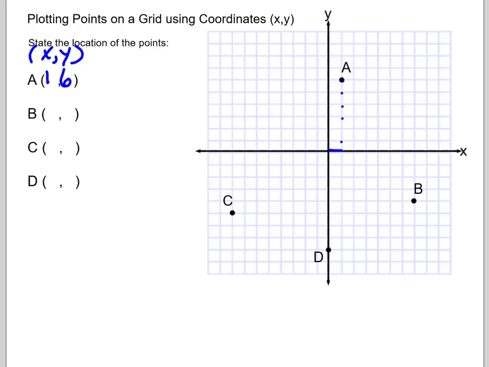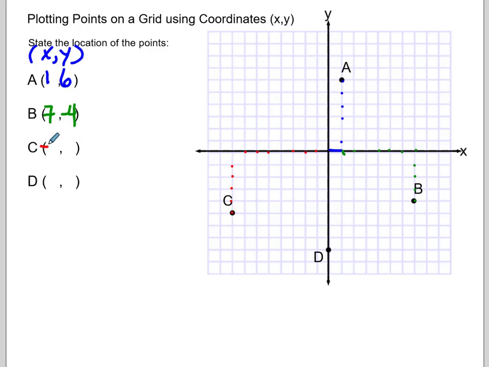Okay, B, 1, 2, 3, 4, 5, 6, 7 to the right, 1, 2, 3, 4 down. So 7 to the right is positive, and 4 down is -4 in the y-axis, or y direction. Okay, C, now we have to go backwards, 1, 2, 3, 4, 5, 6, 7, 8, and down 1, 2, 3, 4, 5.